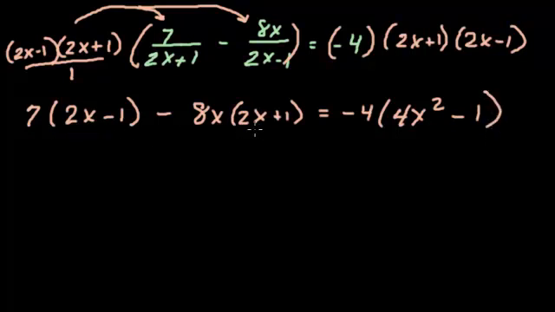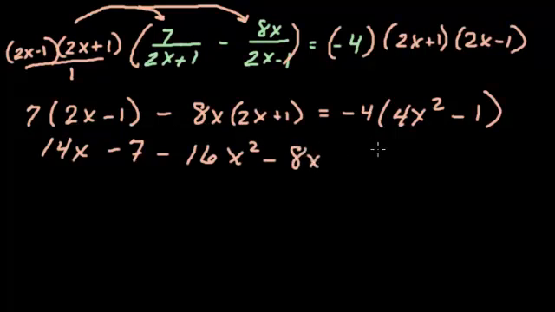Alright, I'll need to distribute all of this, combine like terms, and see what that gets me. So I'll have 14x minus 7 minus, distributing my 8x, this will be 16x squared, minus, and be sure to distribute this negative. That's one of the most common mistakes I see. 8x times 1 is just 8x, and then that will equal negative 16x squared plus 4.